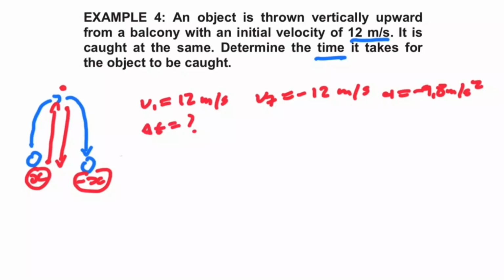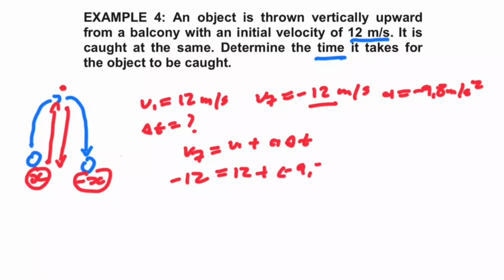Which equation can we use? The same equation we used previously. Vf is equal to Vi plus a delta t. Vf is minus 12 because when the object is going down, the velocity is going to be negative because we are taking up as positive. So we have minus 12 being equal to Vi. Vi is positive 12. So 12 plus the acceleration, minus 9.8, multiplied by the change in time. We need to take 12 to the left-hand side.